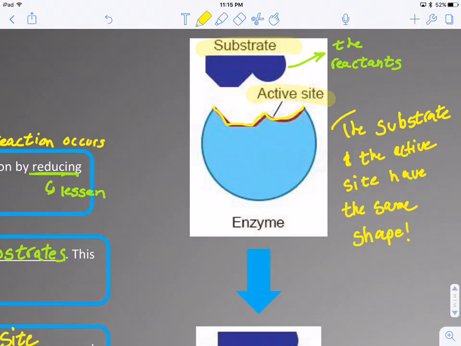Right? You'll see that right here we have this little groove, right? And that binds the groove there. And here we have more of these straight sides, which binds perfectly there.